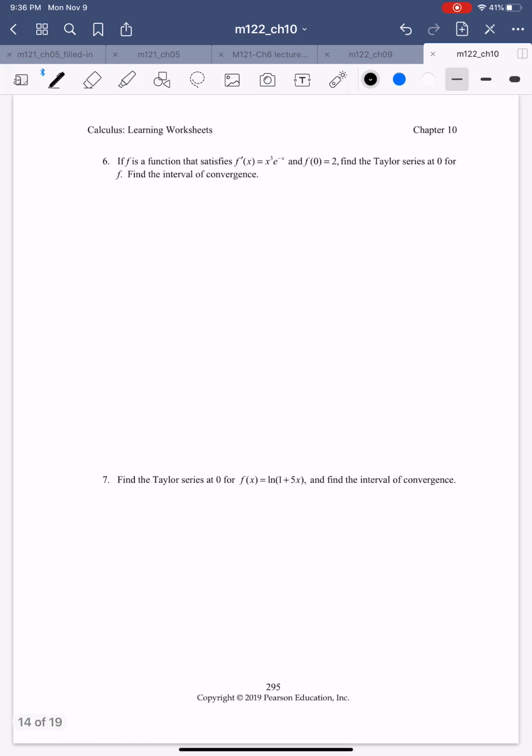Okay. All right. Now I like to do 6 and 7 because this one gives you an extra condition, f of 0 equals 2. I want to show you how you can use that to write it out.